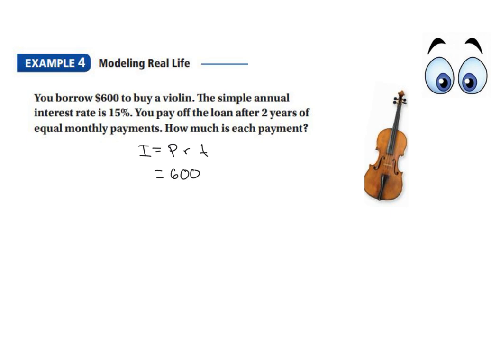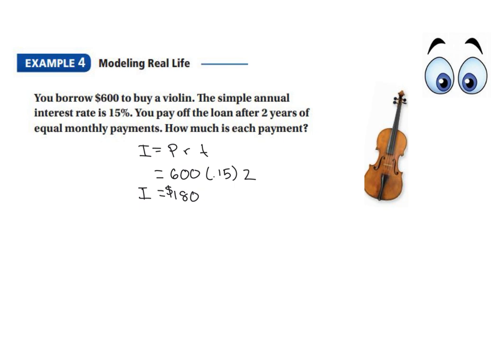The rate is 15%, so that's going to be 0.15. And then the time is going to be 2 years. So we'll multiply 600 times 0.15 times 2, and we get $180. So that's how much interest you're going to have to pay.